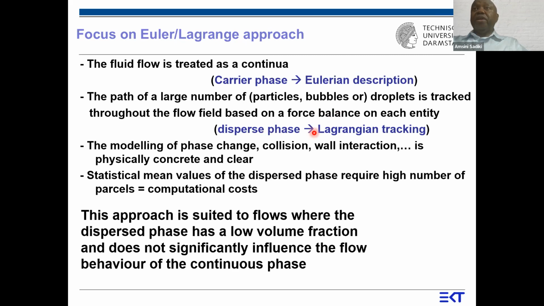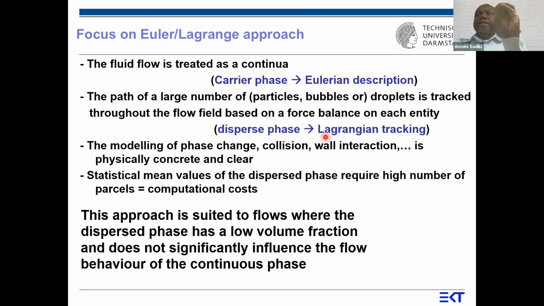So the dispersed phase is tracked by Lagrangian tracking, and that is why we call it Eulerian Lagrangian. So the modeling of the phase change, of the collision, of the wall interaction is physically concrete and clear because we follow the trajectory of our particle.